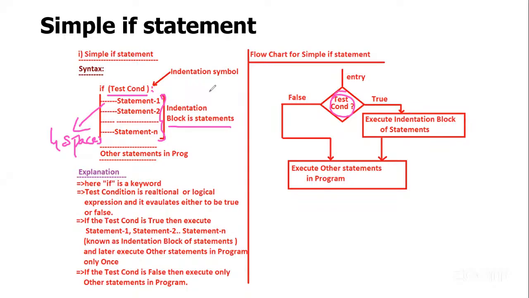What if the test condition is not true? Assume that the test condition is failing. Then will it execute the block of statements? No. It directly goes and executes the other statements in the program. So that means these block of statements will be skipped. So this is how simple if statement works, guys.